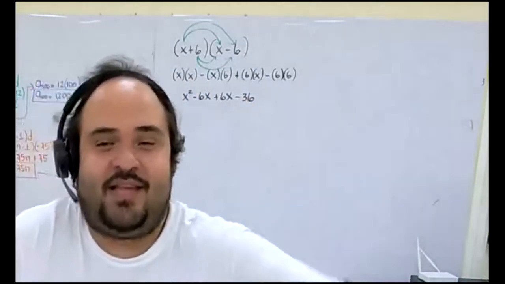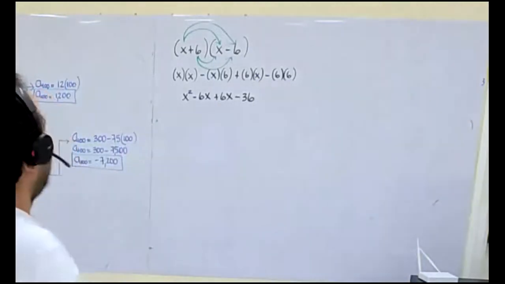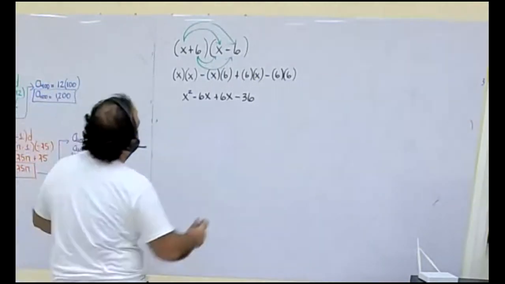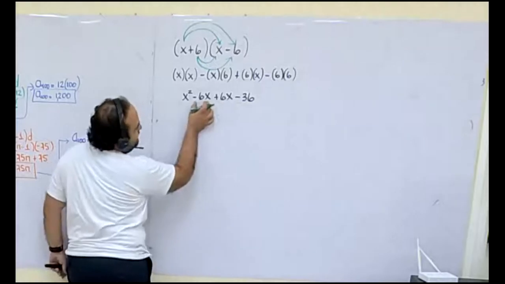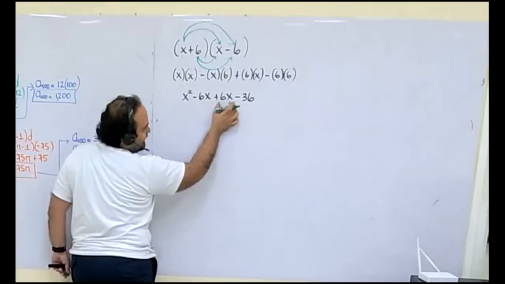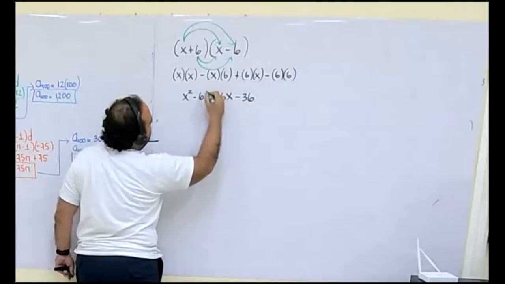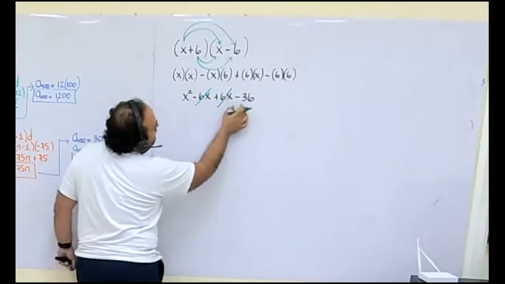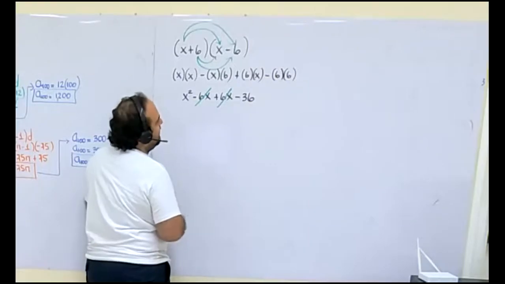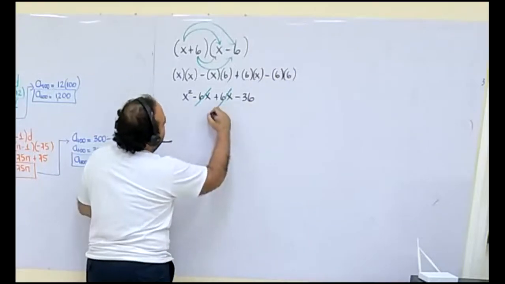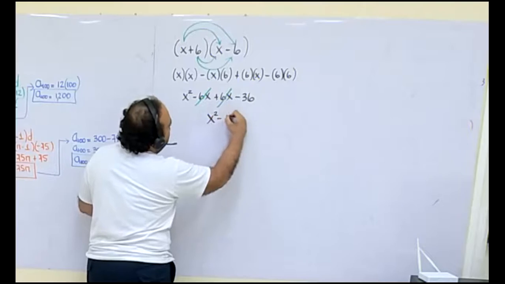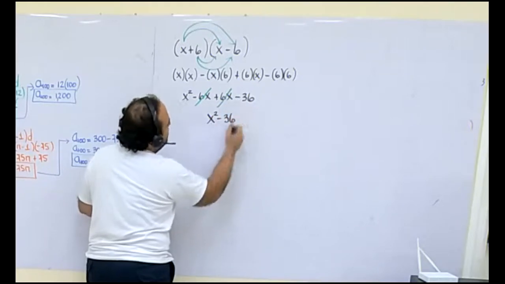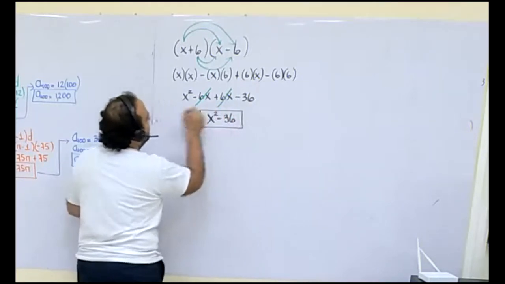Right, 6 minus 6 will be 0. For that reason, negative 6x plus 6x cancel, that will be 0. So we cannot combine x squared and 36 because they're not like terms. For that reason, the answer will be x squared minus 36. And that's it.